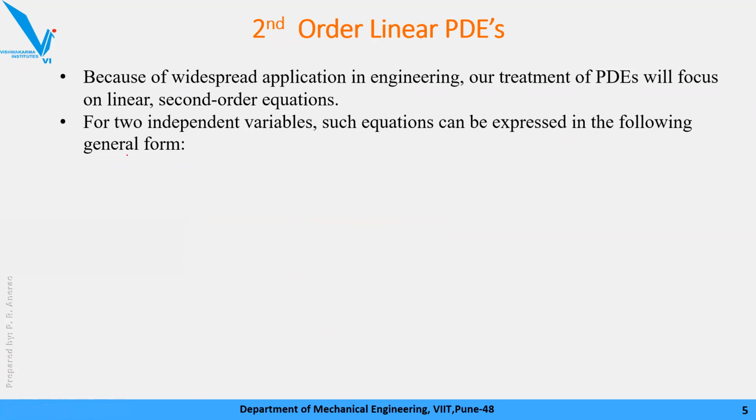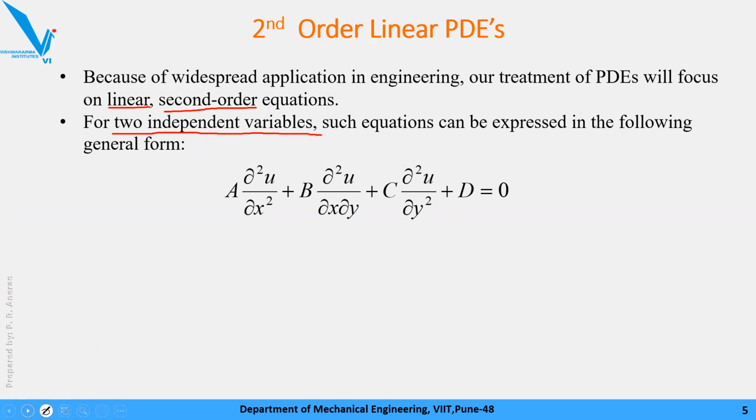Now for the linear second order partial differential equation having only two independent variables, the general form of the PDE you observe is something like this: A into dou square u by dou x square, plus B into dou square u by dou x into dou y, plus C into dou square u by dou y square, plus D equal to 0. In this, the independent variables are x and y, and the dependent variable is u.